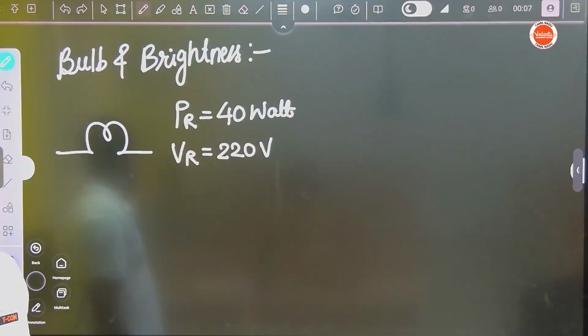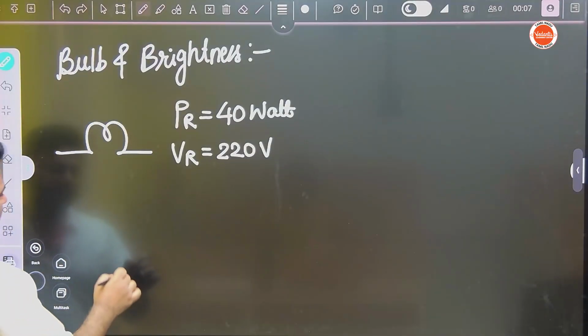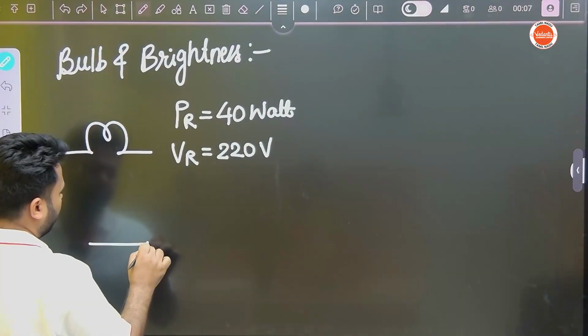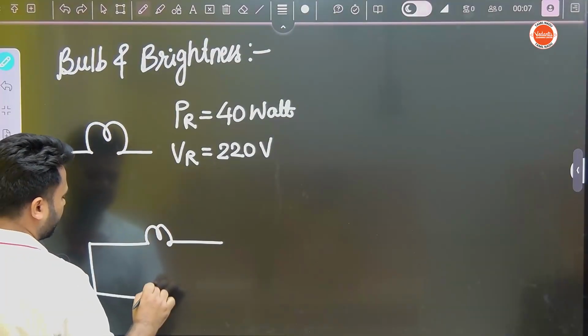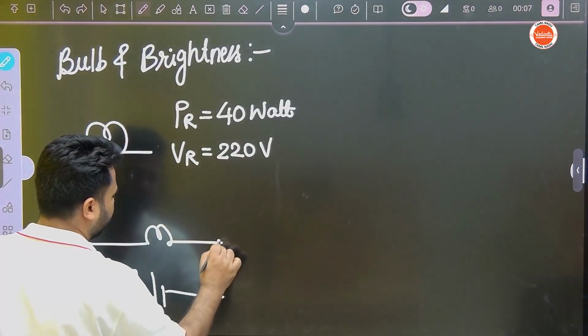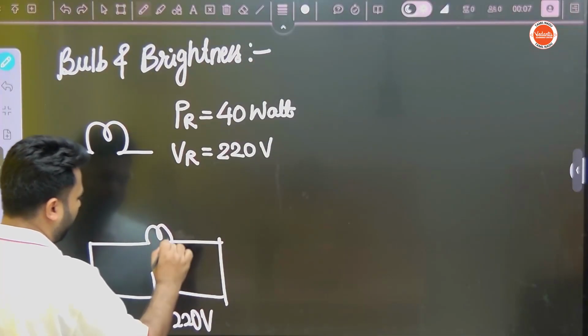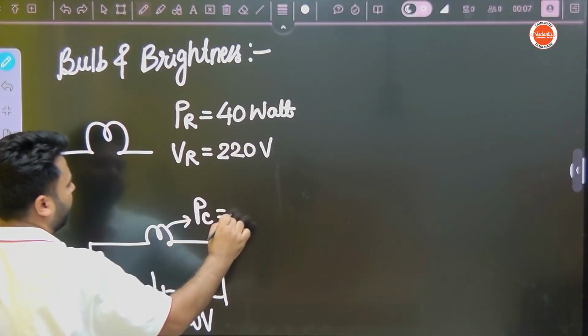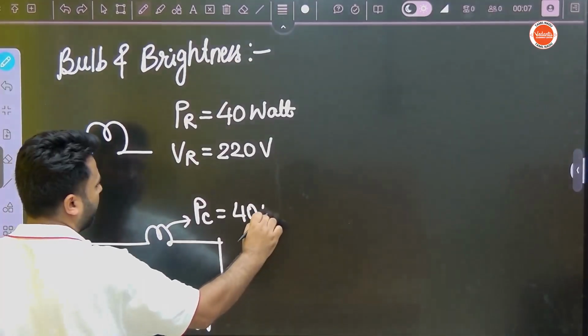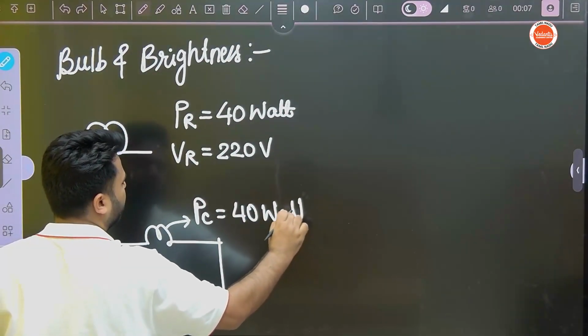What does this mean? It means that if you apply this bulb across 220 volt, how much power is it going to consume? 40 watt. This is the meaning.